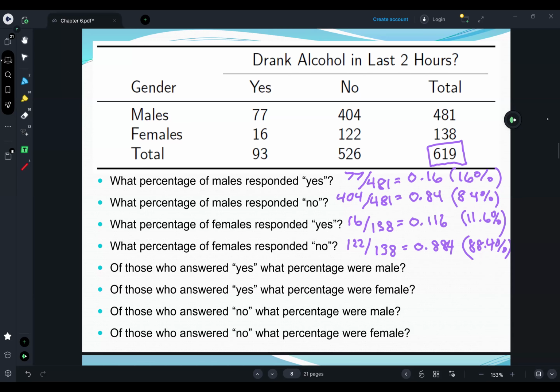What would I put here? Exactly, 77, we know said yes, but of those who answered yes, we want to divide by 93.